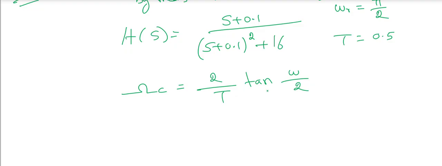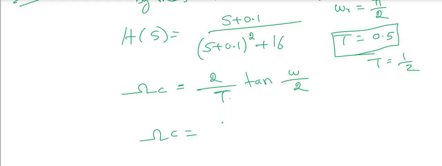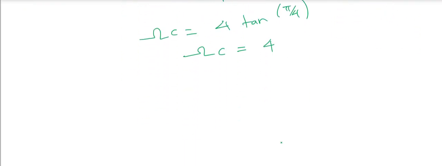Here T is given as 1 by 2, so omega c is equal to 4 tan of the resonant frequency pi by 2 over 2, so you will get tan pi by 4, tan 45 is 1. So omega c is equal to 4.